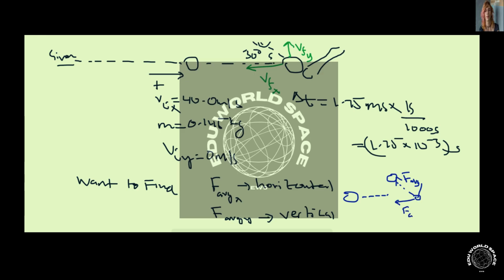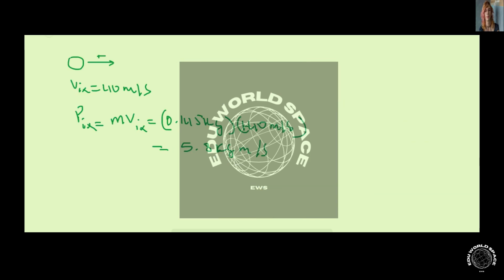That average force has two components. It has the x component, and it also has the y component. So that's what we're trying to get. We always have to think about the x and y in this problem, but everything starts with the initial stuff. So this is the initial momentum in the x.